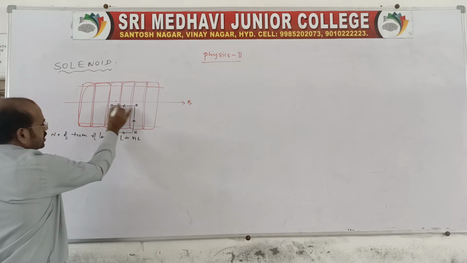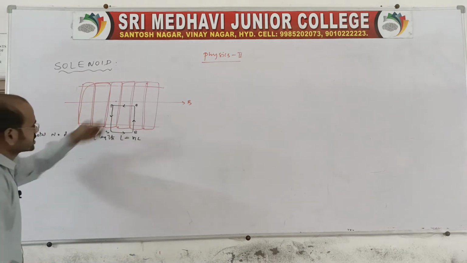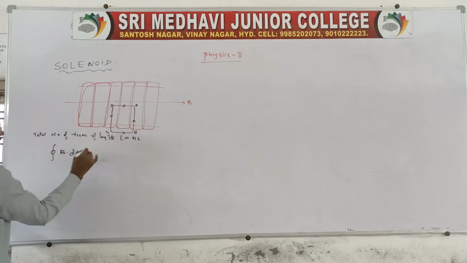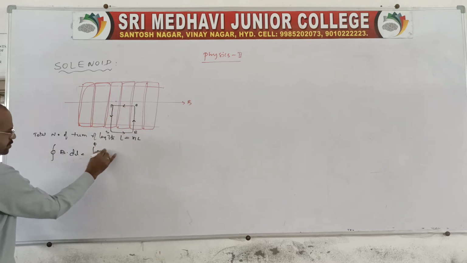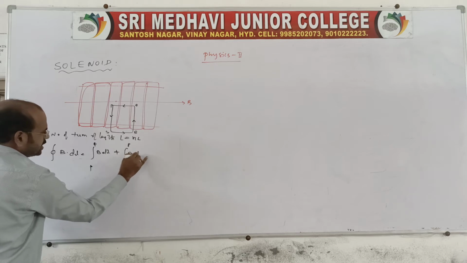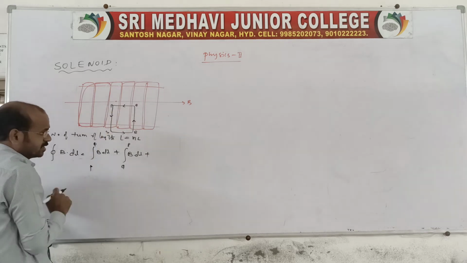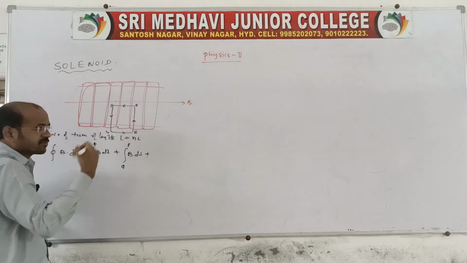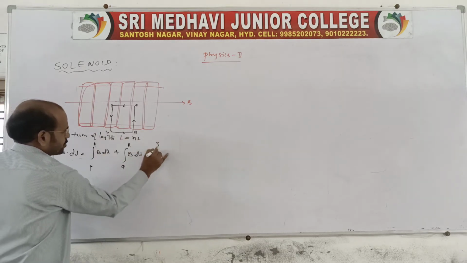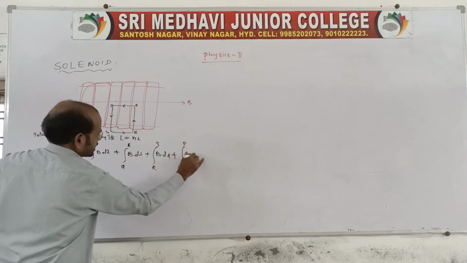Let us apply Ampere's circuital law, which is in the form of a closed loop. So the closed integral of B dot dl is equal to the sum over each path: from P to Q, B dot dl, plus Q to R, B dot dl, plus R to S, B dot dl, plus S to P, B dot dl, because we are finding the magnetic induction at the center of the solenoid.